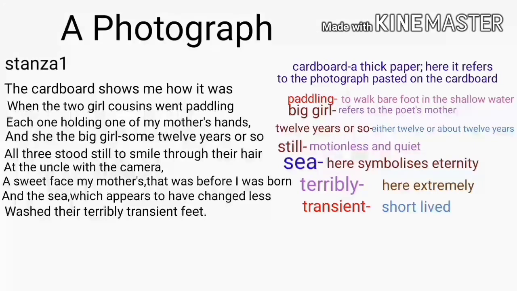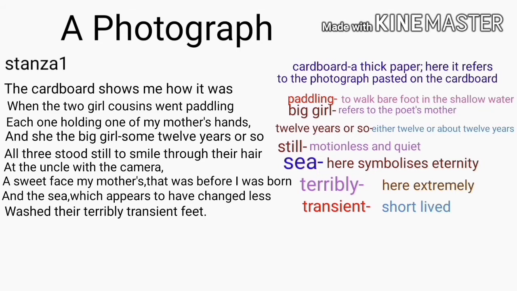And the sea, which appears to have changed less, washed their terribly transient feet. And the poet says that the sea appears to have changed less. It means there is little difference; little difference can be seen in the sea. So the sea, which appears to have changed less, washed their terribly, meaning here extremely, transient, meaning short-lived, feet.